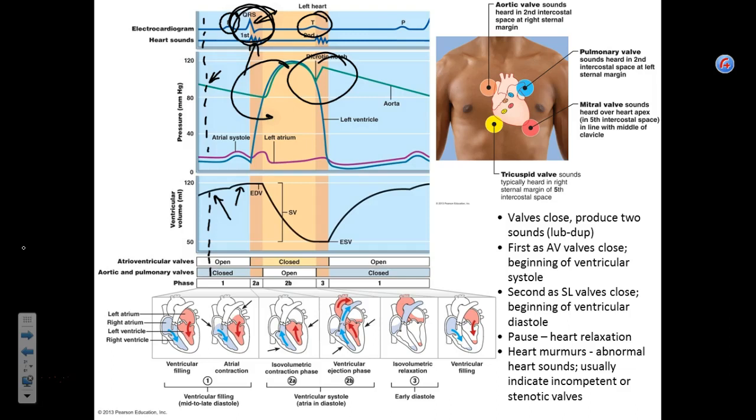And here you can see the volumes. So this is the volume that's going to be ejected. It's called stroke volume, and it's the difference between end diastolic and end systolic volume.